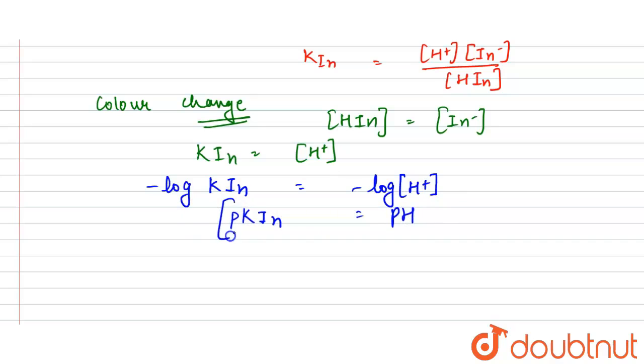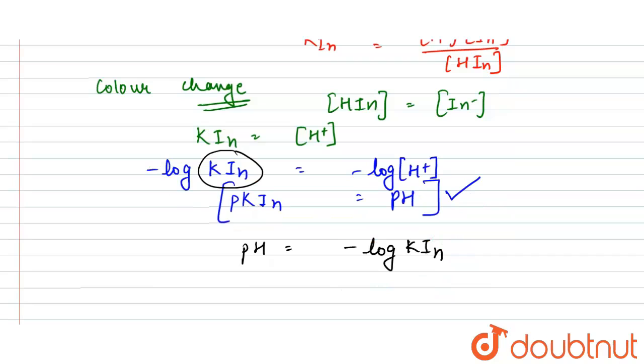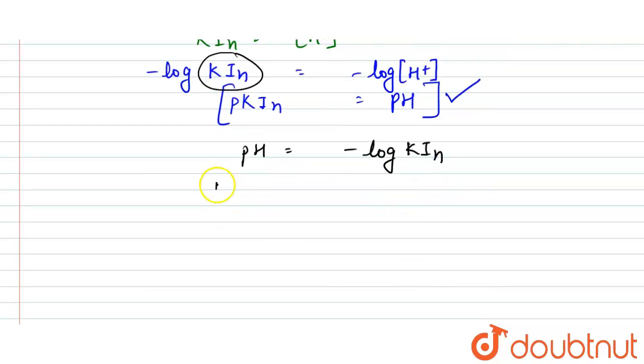It means that for the color change we need this condition. The K_In value is given as 4.0 × 10^-4, so pH is equal to minus log of 4.0 × 10^-4.